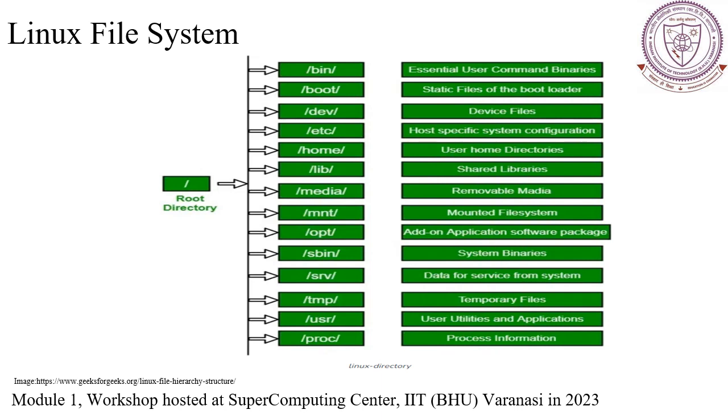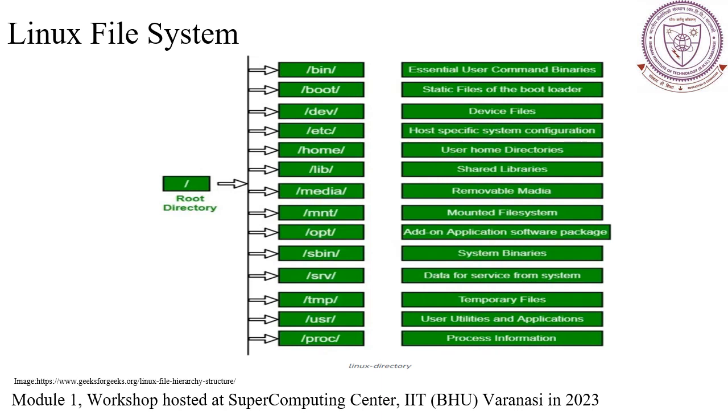Then comes slash bin. It holds essential user command binaries. Whatever application binaries there are are stored in this slash bin directory. For example, your cp and ls commands are stored under this directory. Slash boot is used for static files for the bootloader.